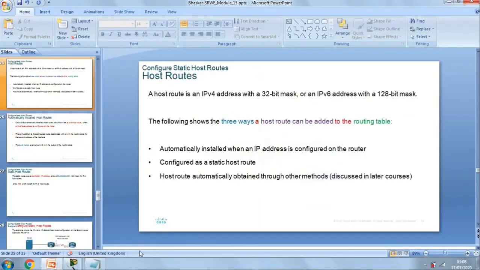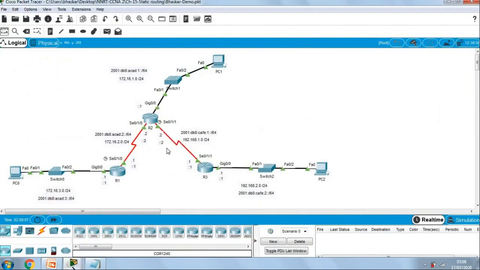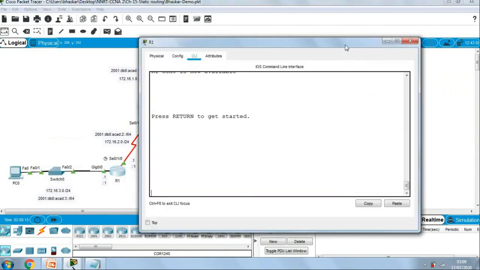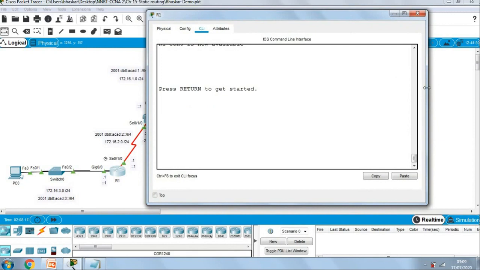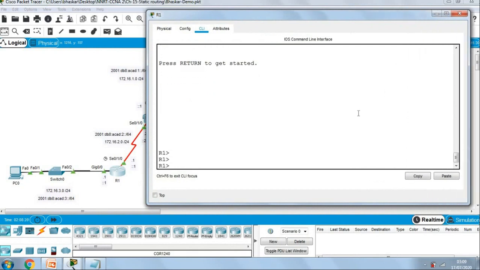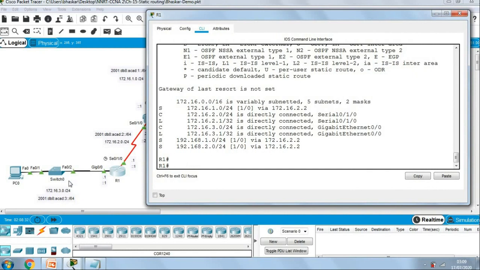Now I will show you this one. See here, for example, if you go for our topology, this is the host. This host is connecting with router R1. Now I am going to router R1 and enable. See here, this interface is directly connected. This is automatic. Show ip route. See here, what is the interface? 172.16.3.1.